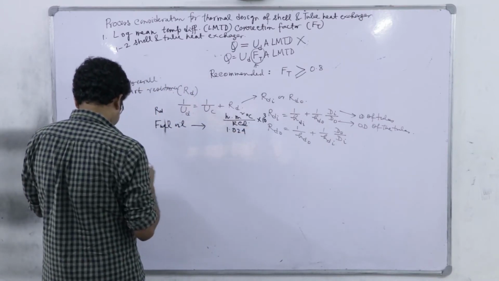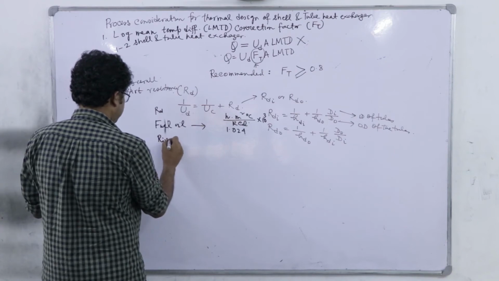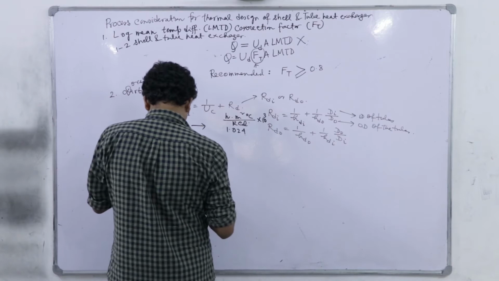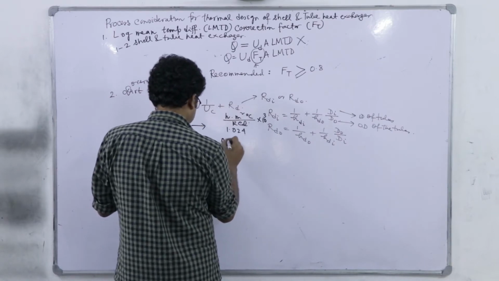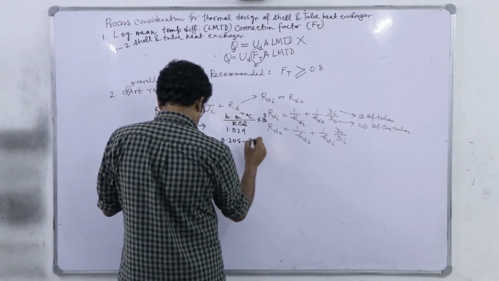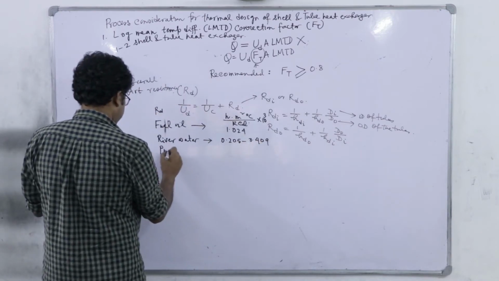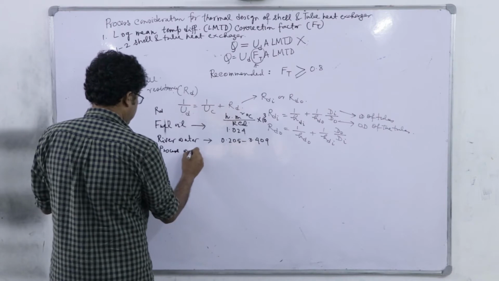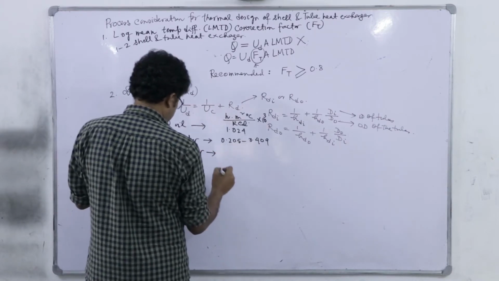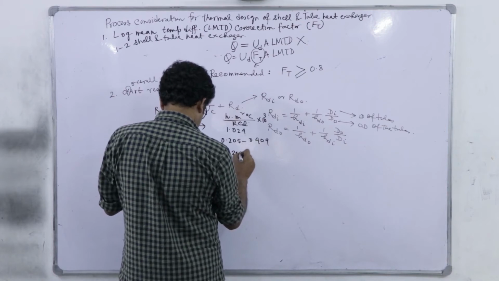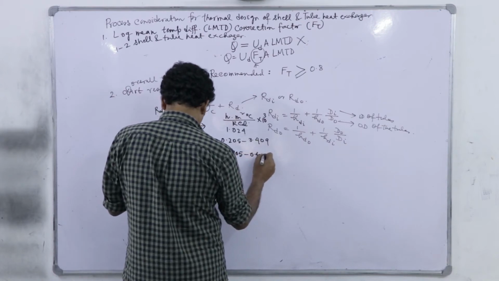River water is a standard value, 0.205 to 0.409. Process water, with hardness partially removed, 0.205 to 0.409.